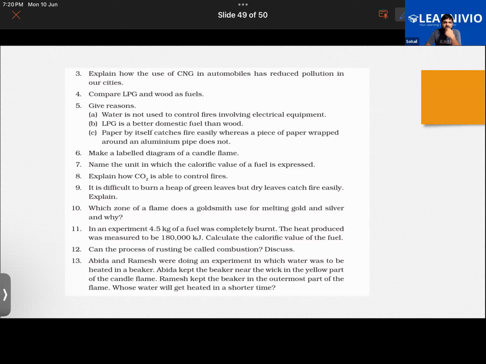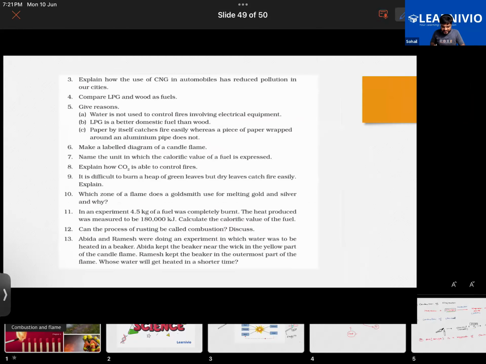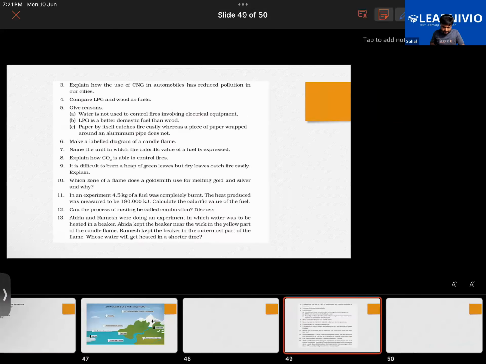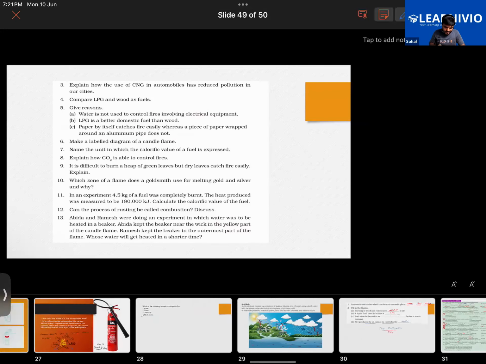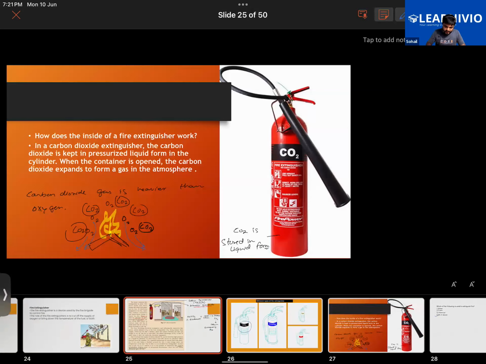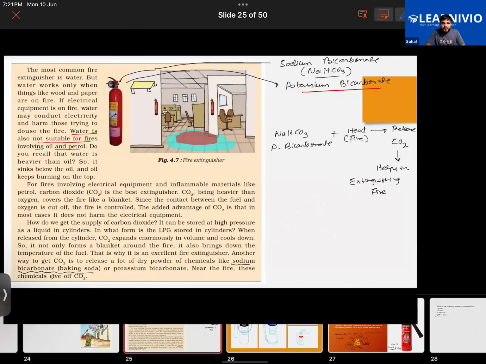Do tell me, out of kerosene and mustard oil, which one has a low ignition temperature? Mustard oil, obviously. Okay. While we were learning about the fire extinguisher, we learned that there are two types.